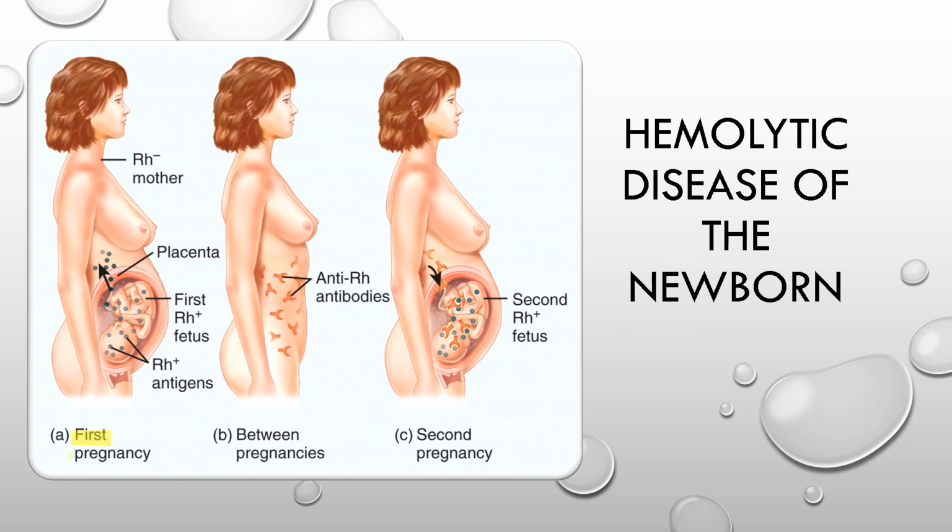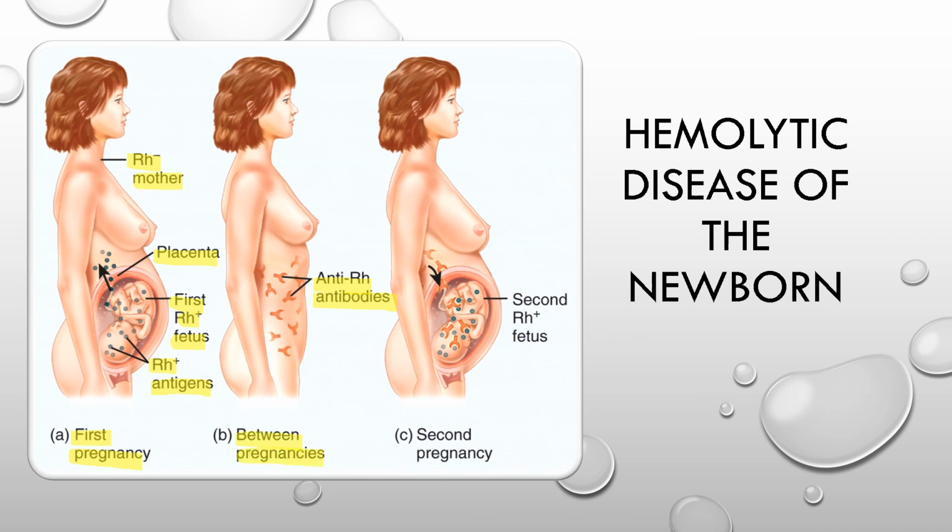During that first pregnancy, we have an Rh positive fetus with an Rh negative mother, and some of those antigens from the fetus will cross into the mother through the placenta. And this will cause the mother's immune system to create those anti-Rh antibodies.